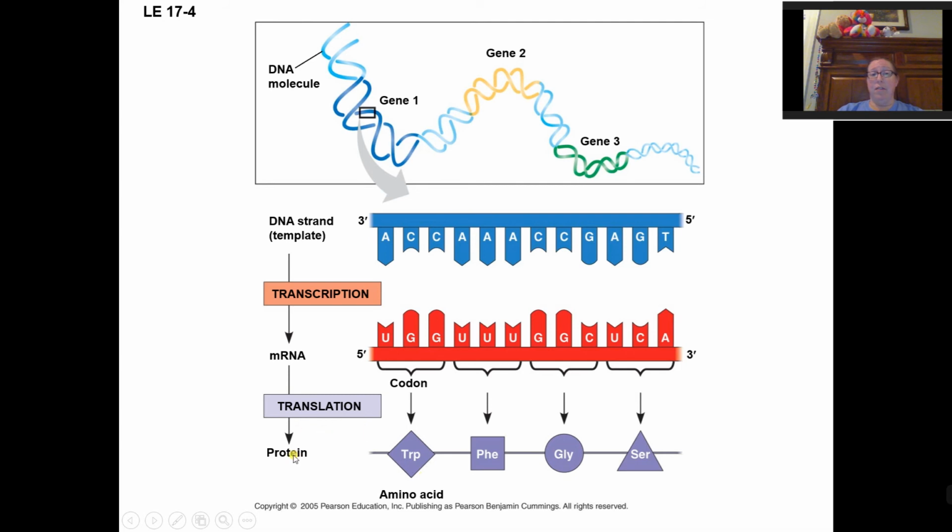So as you can see, this is translation. These three, UGG, is a codon that corresponds to the Trp amino acid. And you also know that at the site of the ribosome, there's an anticodon. The only thing that's not on this sheet is an anticodon.